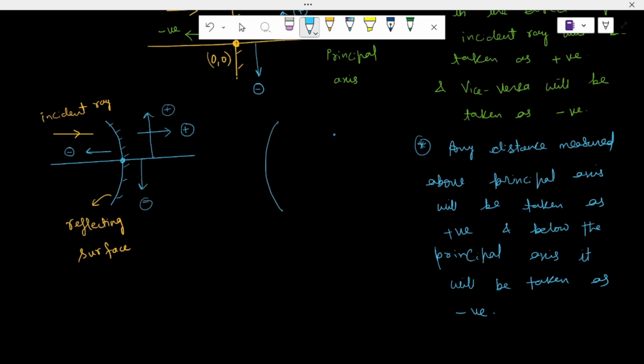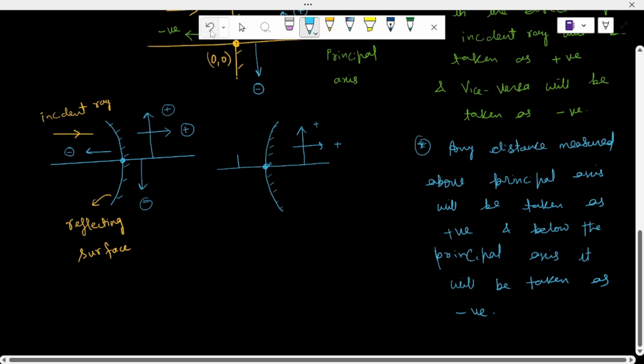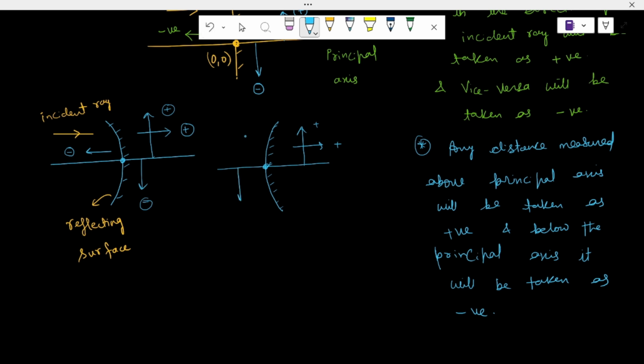And in this convex mirror, again the same idea: above will be positive, but below the principal axis it will be taken as negative. This distance will be taken as negative.